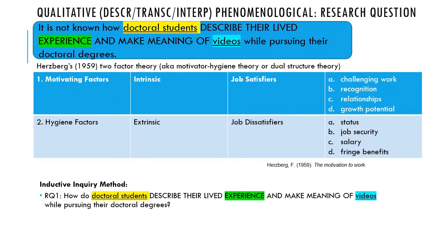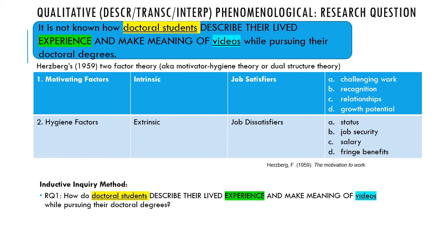In our final example of building our own research question, we turn to phenomenology. As I noted in the beginning, phenomenology has many different flavors, and that's a discussion for another time. But if we continue on with this very simplistic view, we simply take the research problem statement, it is not known how doctoral students describe their lived experience and make meaning of videos while pursuing their doctoral degree.